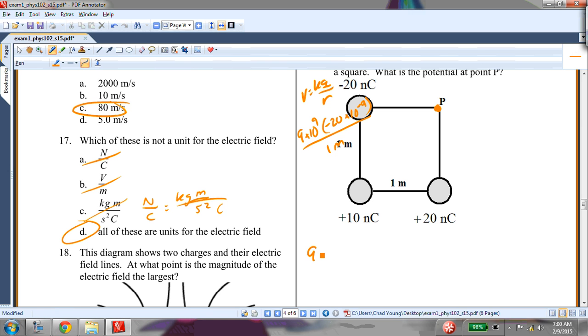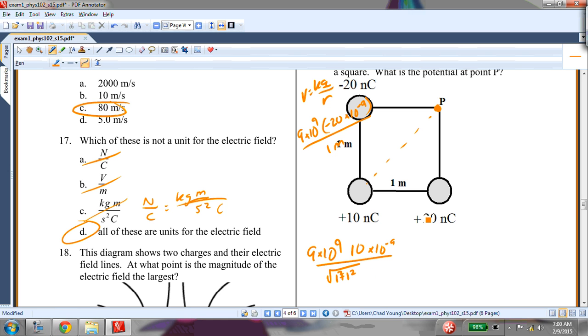Down here I get 9 times 10 to the ninth, 10 times 10 to the minus 9, divided by this distance, which is the square root of 1 squared plus 1 squared, square root of 2.